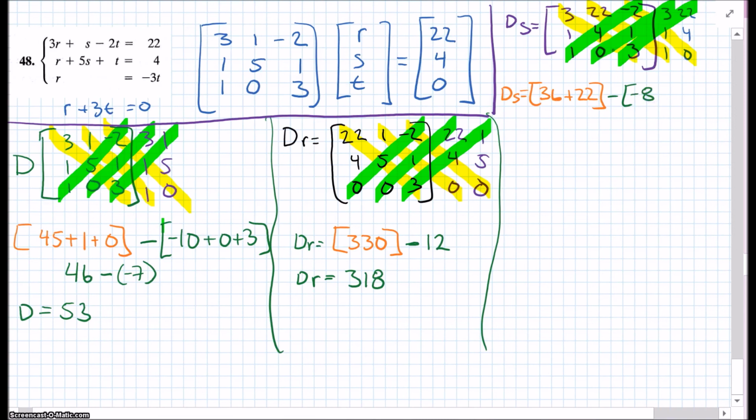The next diagonal has a 0. The next one has 3 times 22, so that'd be 66. So it's going to be 58 minus 58. So the D sub s is equal to 0.